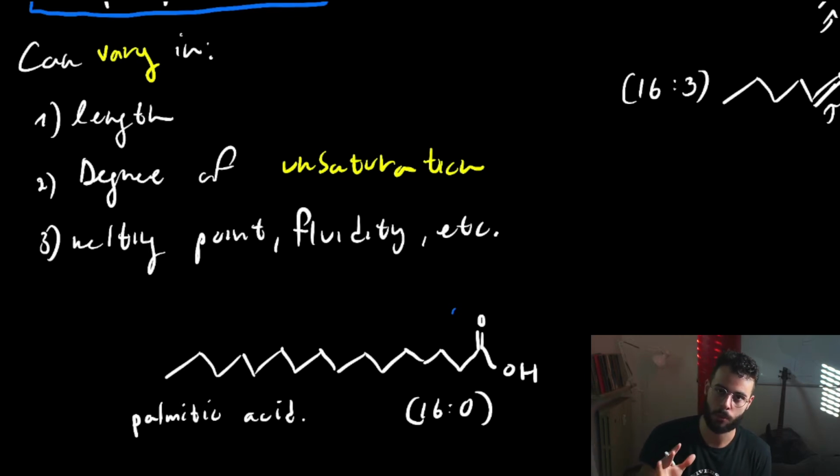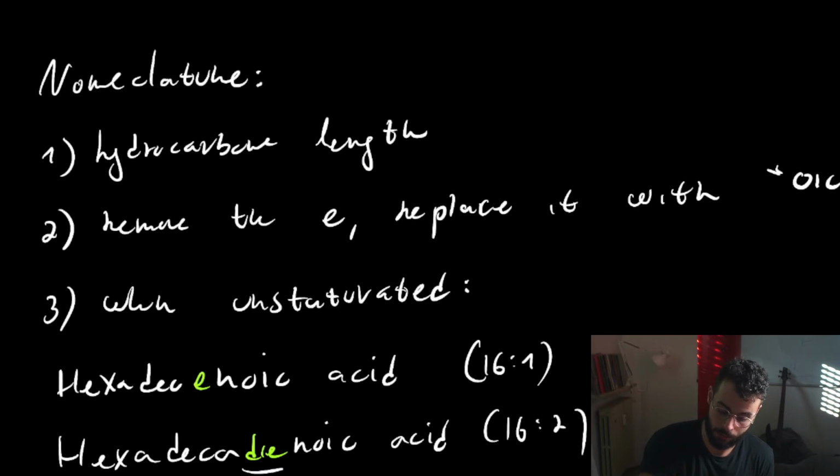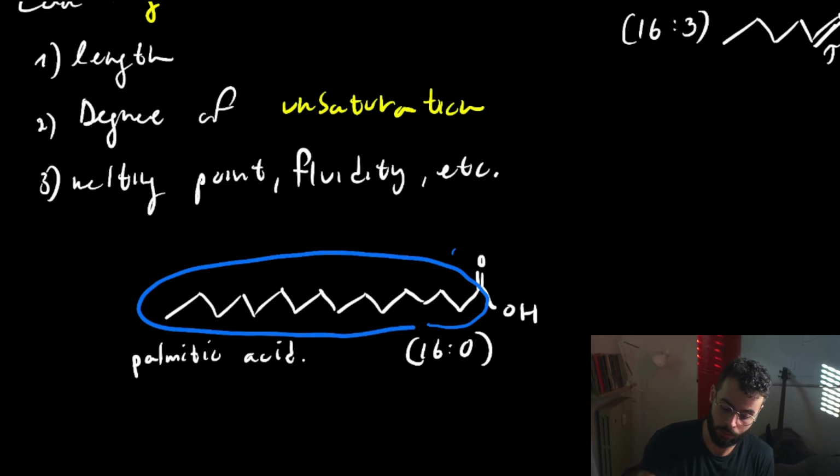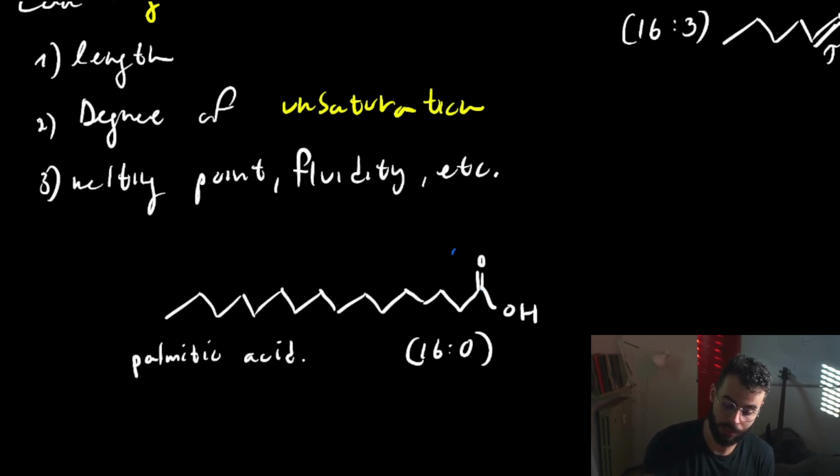But just now remember that this part of the molecule, the hydrocarbon, can have different amounts of triple or double bonds. So for this example, you can see that we don't have any double bonds.